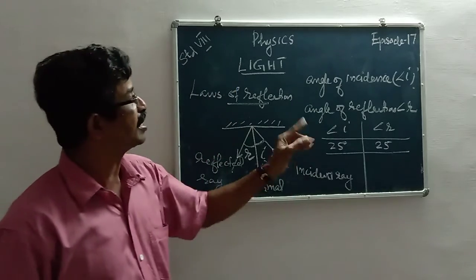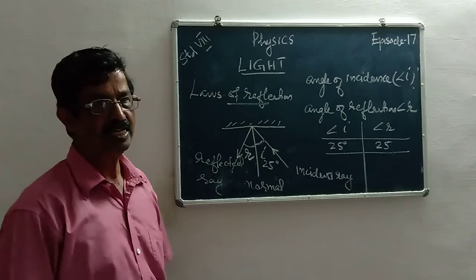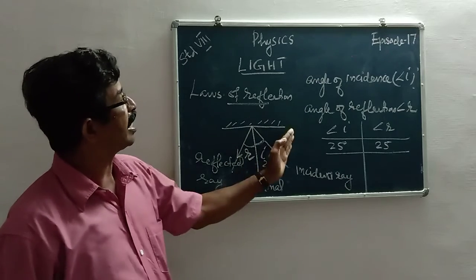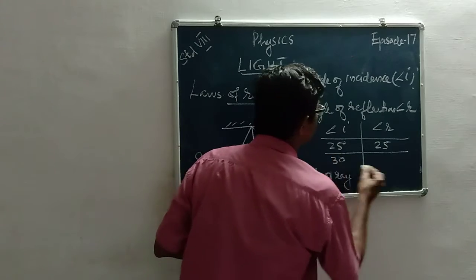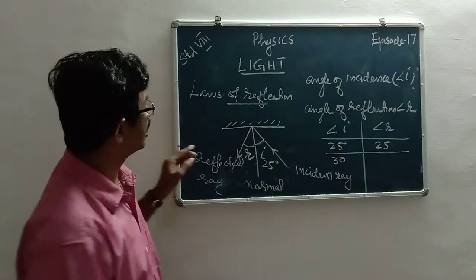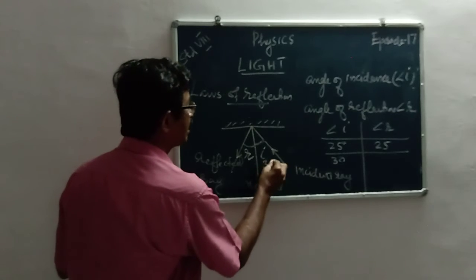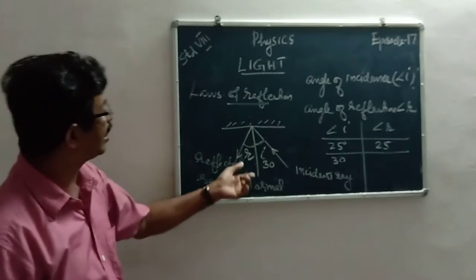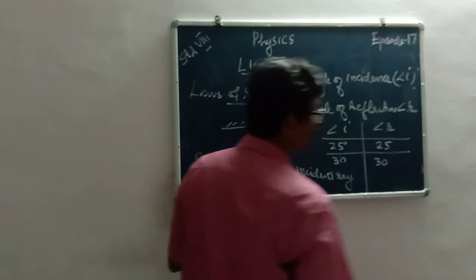Sometimes it is very nearly equal, some 24 point something, in that way it will come. Now suppose we make the angle of incidence 30. Again we measure, and when we measure the angle of reflection we get it as also 30.